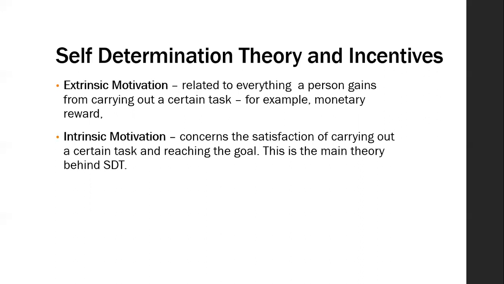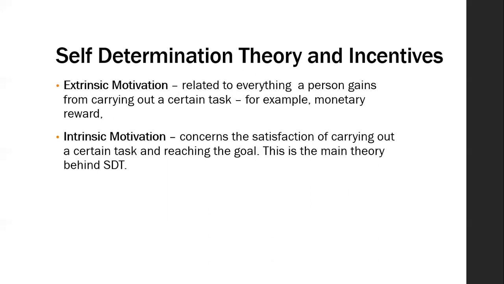Okay. Self-determination theory deals with intrinsic motivation, concerns the satisfaction of carrying out a certain task and reaching that goal. How satisfied are you when you finish a certain task or reach a certain goal? That's what intrinsic motivation is. And that's what you want to harness under the self-determination theory and incentives.